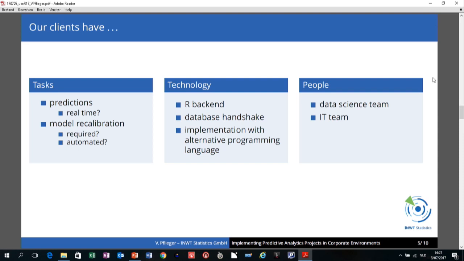That's where we come in and support. Normally we already have a person we can talk to. We don't speak the same language, but with some work, we can understand each other.